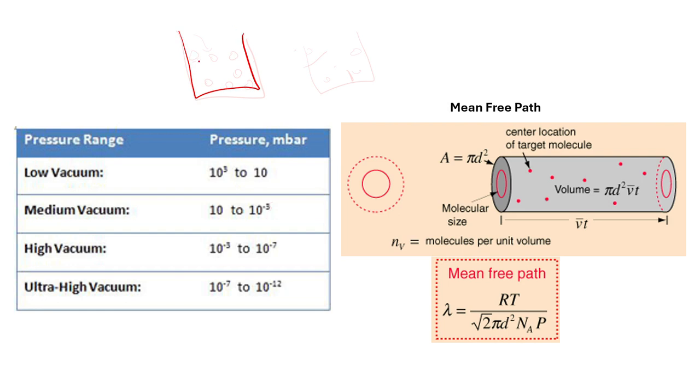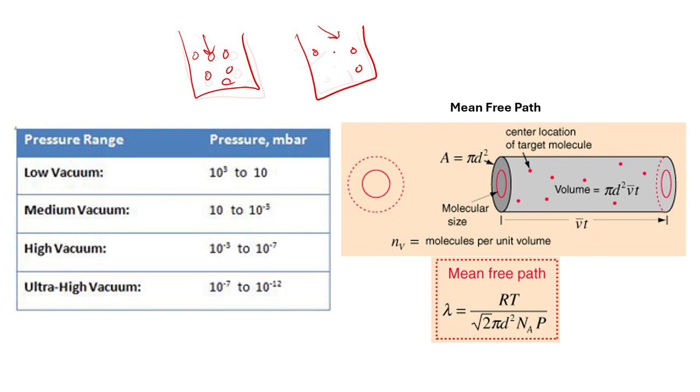The mean free path will be very small in this case. But if we have an evacuated chamber, the number of particles will be less. So there will be minimal interactions between the unwanted particles and the evaporated molecules, and they can easily reach the target.